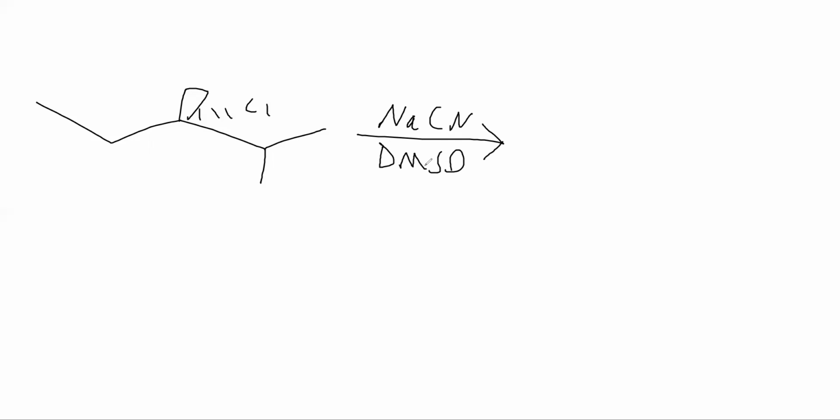So what mechanism do you think this would do? Yep, it's a tertiary position. So it's a tertiary position, so that favors SN1, but we have NaCN, and what kind of nucleophile is this, strong or weak?